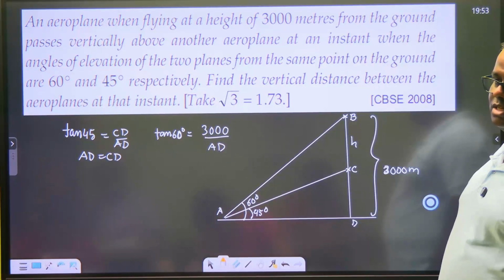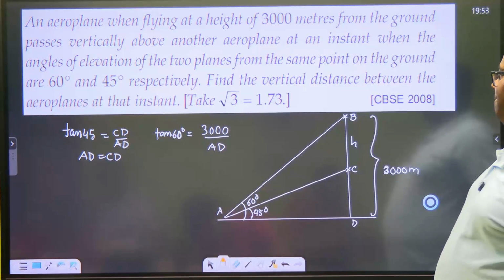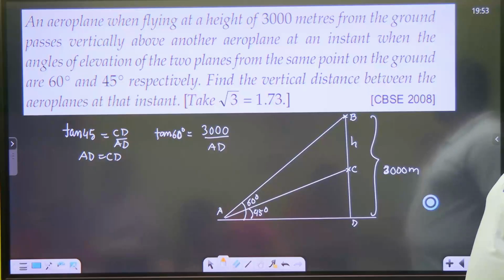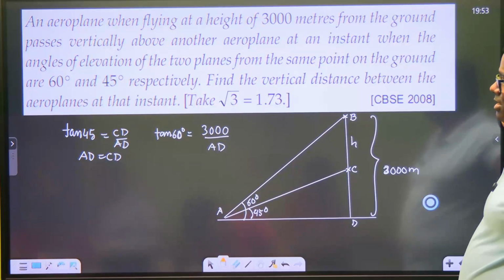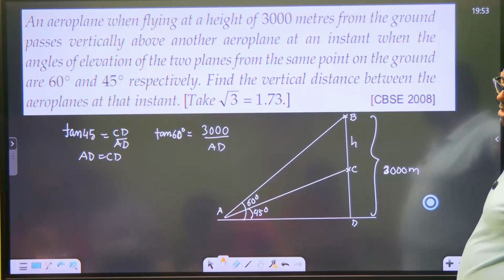Anyone got the answer? 3 meters? Will 2 aircrafts ever fly at 3 meters? Yeah, they have given the root 3 value at the end of the day. 2190 by root 3 is 2190 divided by 1.72, which is roughly 2.